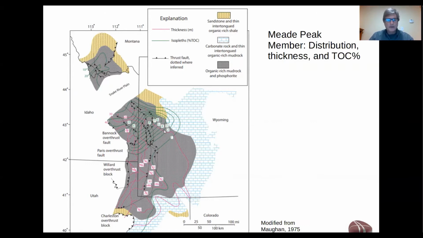Here in southeastern Idaho and adjacent parts of Wyoming and northeastern Utah, the Mead Peak actually becomes quite thick. It's up to over 60 meters thick, and there it has relatively high TOCs, as high as in excess of 8%. So this is the sort of depositional basin that's associated with the Mead Peak, the older of the two phosphatic shale members of the Phosphoria.